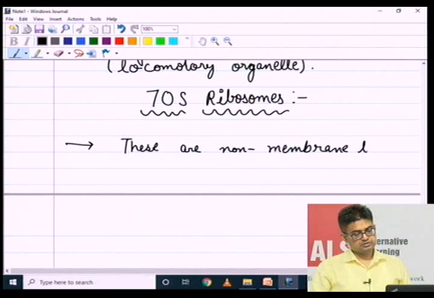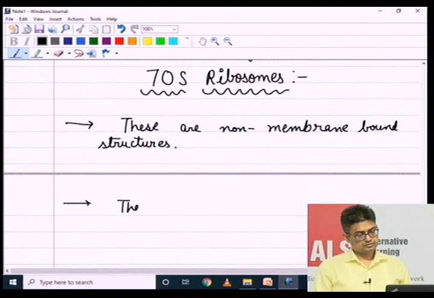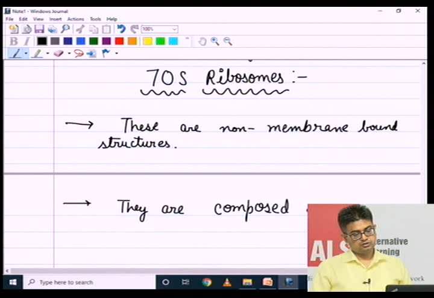Non-membrane bound structures. They are composed of two subunits.